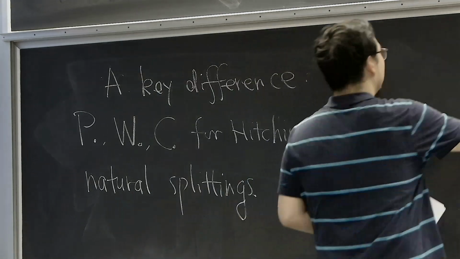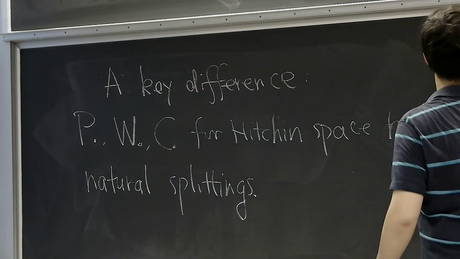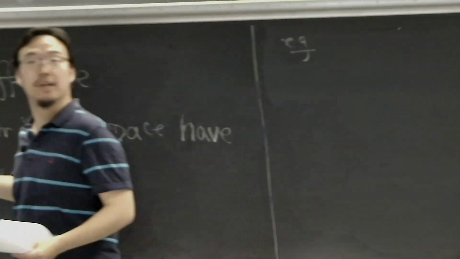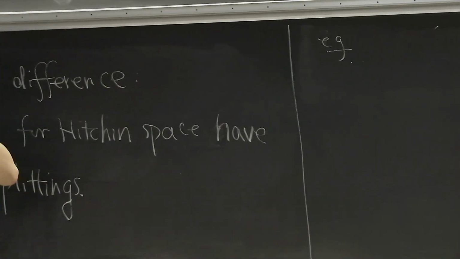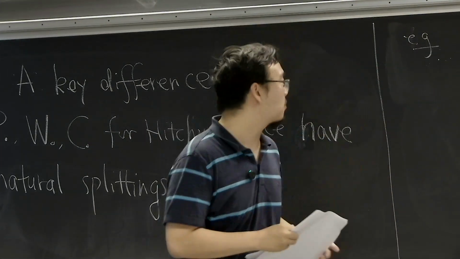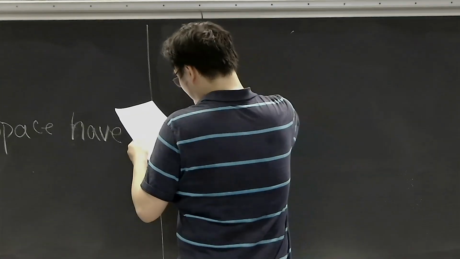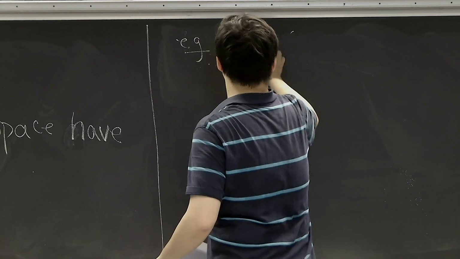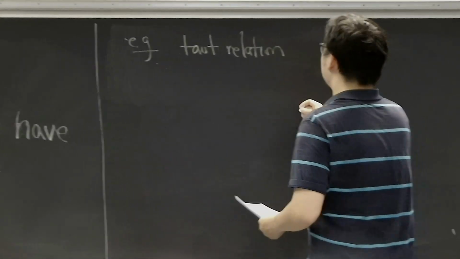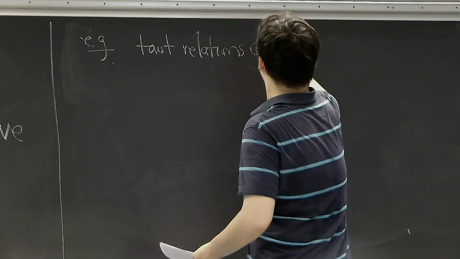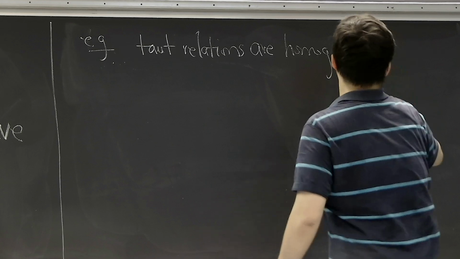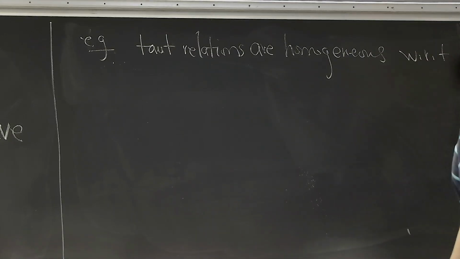For example, the tautological relations: here the Chern filtration is by definition given by the Chern grading, and actually the Chern grading is a grading in the sense that tautological relations between the classes are homogeneous with respect to the Chern grading.